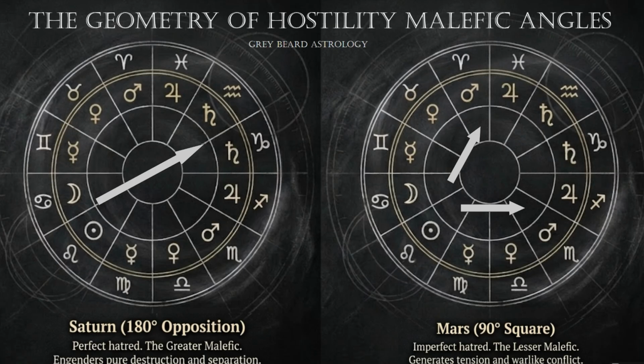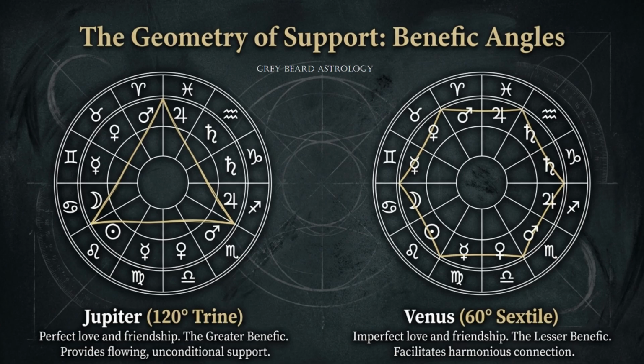But Mars is like the bully that's kicking you in the shin. It's imperfect hatred, it's tension, and it's warlike. It's in your face. Saturn is like you can't fight a corporation. It's perfect hatred. I don't know if that illustrates it, a little bit different, and that doesn't mean that Saturn can't come sit on your head. So, just saying.